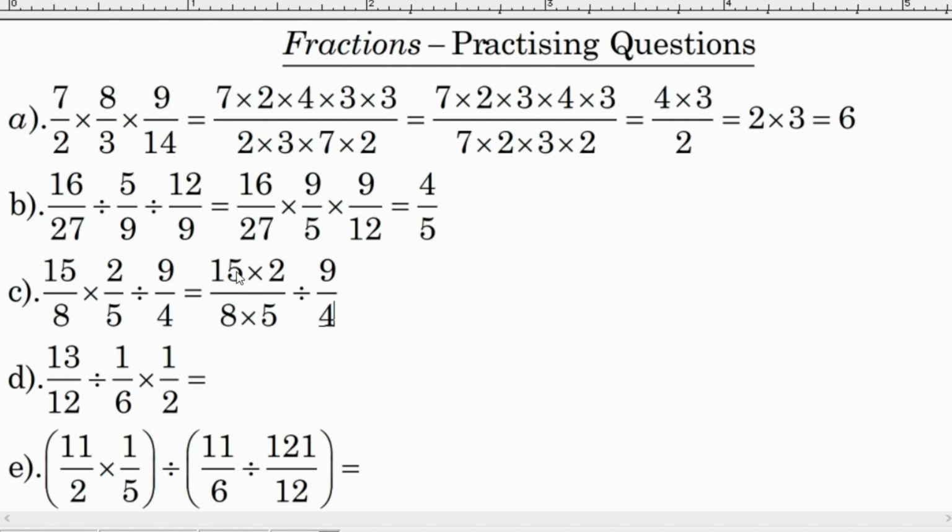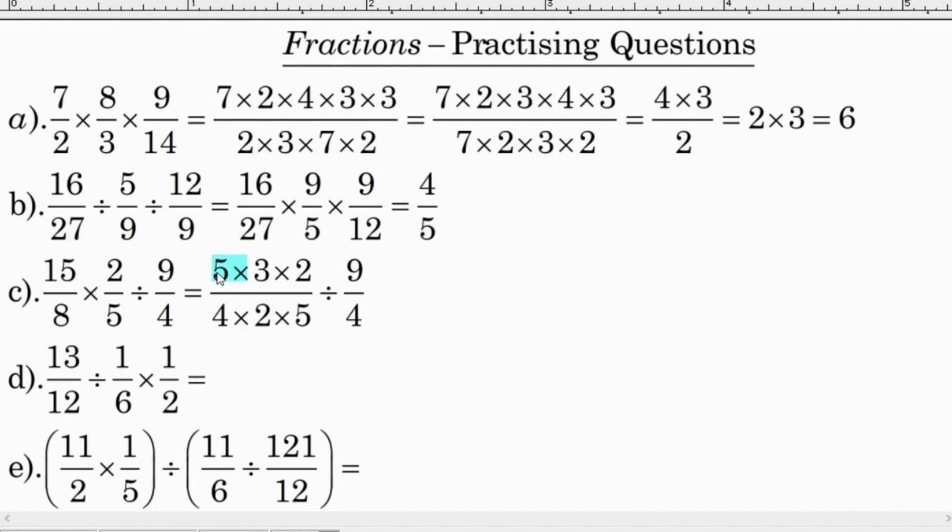So 15 here can be written as 5 multiplied with 3. Okay, so 8 can be written as 4 multiplied with 2. Okay, so then we just simplify 5 at the top with 5 at the bottom here.